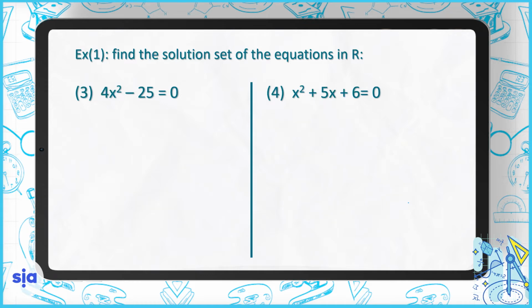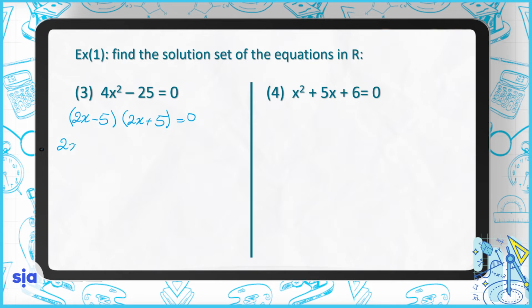Question 3, let's factorize. It's so easy. So here we're going to make the two brackets equal 0. So here it's (2x minus 5)(2x plus 5).